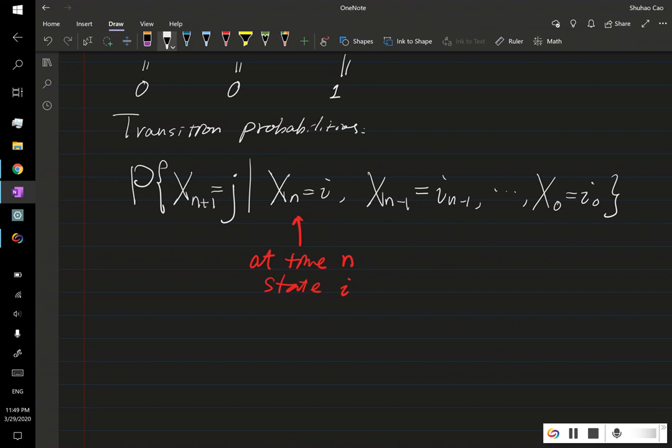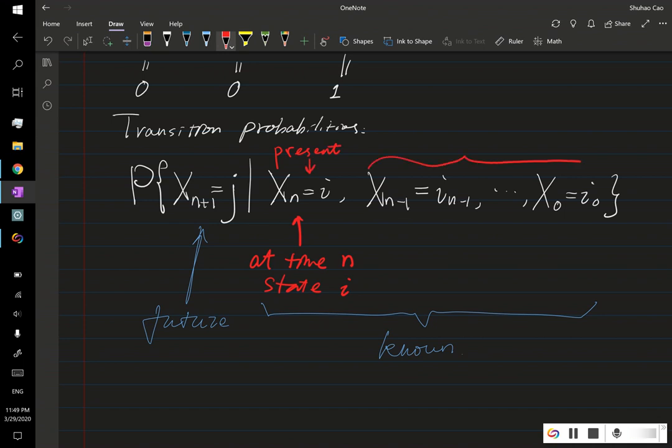So these are known. The conditional probability of the future, this is like a future. And this one is like our present. And all these are like our past.